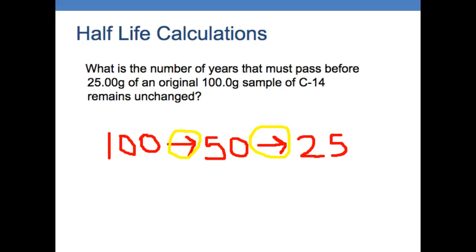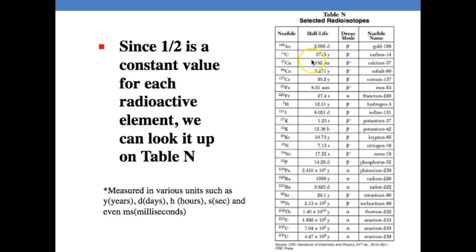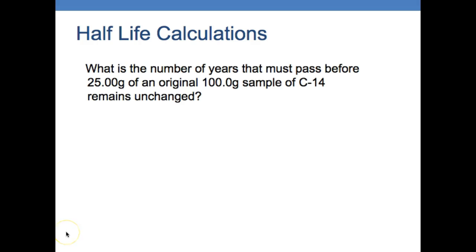Okay, so if we look at Table N, we see that the value for carbon-14 is 5,715 years. So looking back at the example, you take your 5,715 years and you multiply that value by 2. So we get 11,430 years.